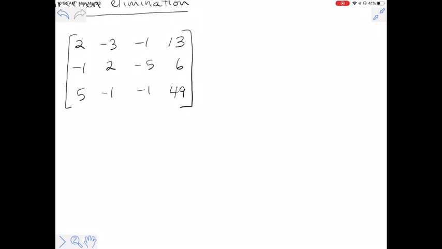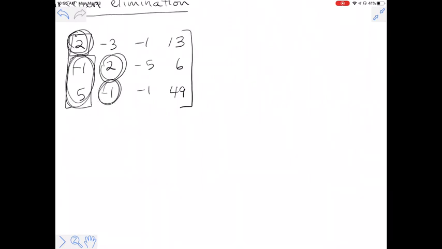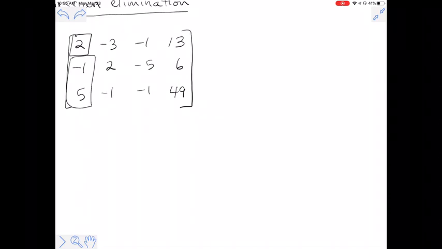Now remember the process, and it does need to be done in this order. You want to get this to be a 1, and then the numbers beneath it need to be 0. So do this first, get that to be a 1, then get this to be a 0, then you get this to be a 1, and then you get this to be a 0, and then you get this to be a 1. It needs to follow in that pattern.